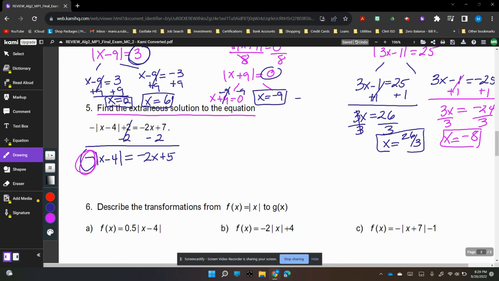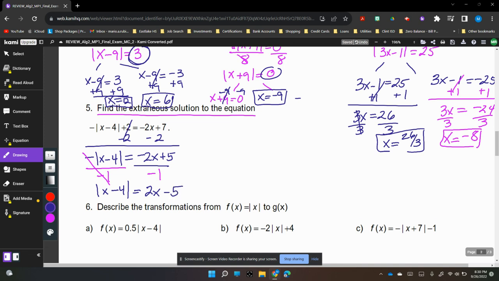This negative out here, we're going to get rid of it. We're basically multiplying everything by negative, so we're going to divide by a negative. That will cancel the signs out. And then I'll be left with x minus 4 equals negative 2 divided by negative 1 is a positive 2x, and then negative 5. That's what that becomes.